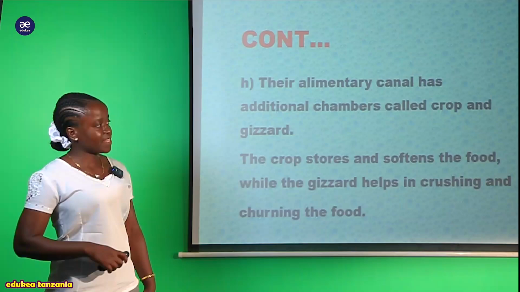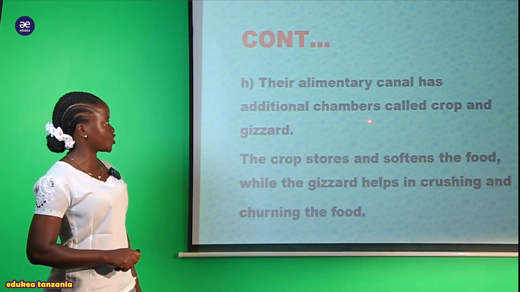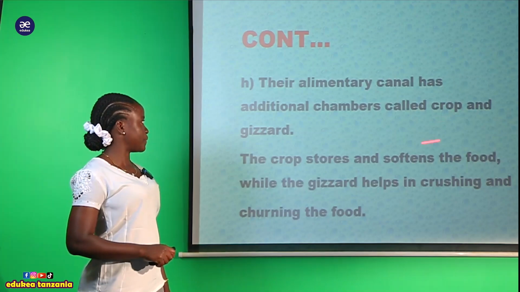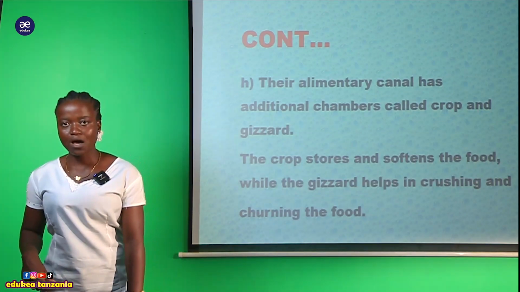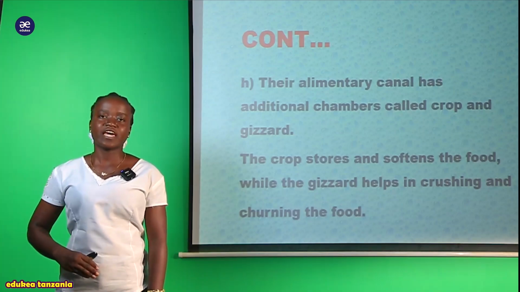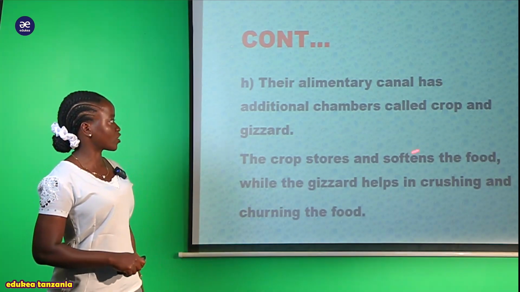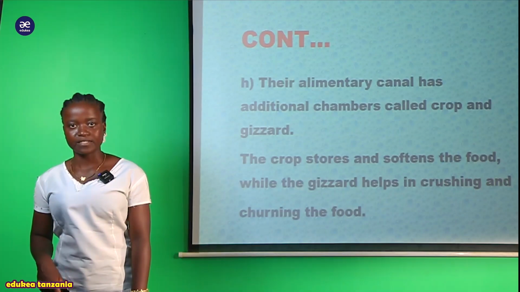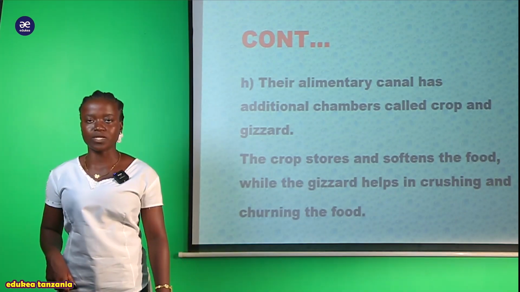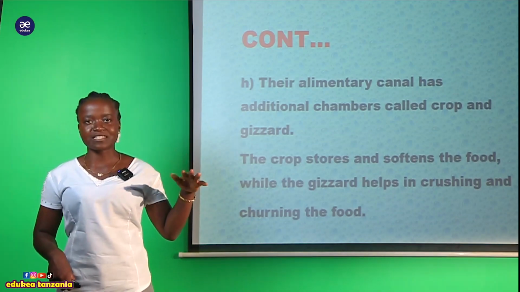And apart from that, this organism's alimentary canal has additional chambers called the crop and the gizzard. So our organism, although advanced, also has characteristics of primitive organisms, since they possess a crop and a gizzard. You remember the function of the gizzard when we looked at the class Amphibia.